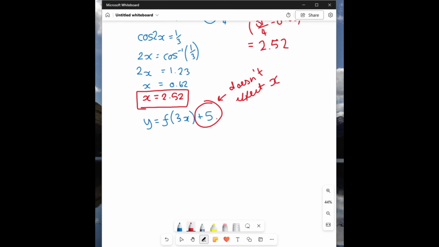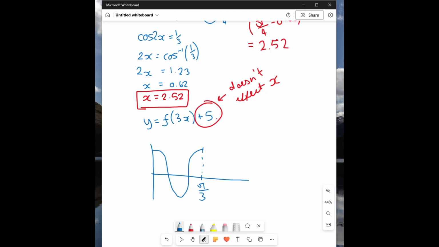So when we have 3x plus 5, I'm going to be quite lazy about this. We're going to just draw our cos graph, but this time this value will be pi over 3 now. So we just squished it.